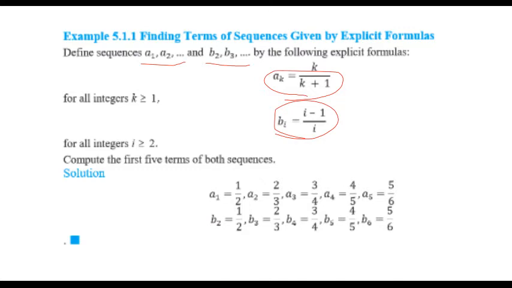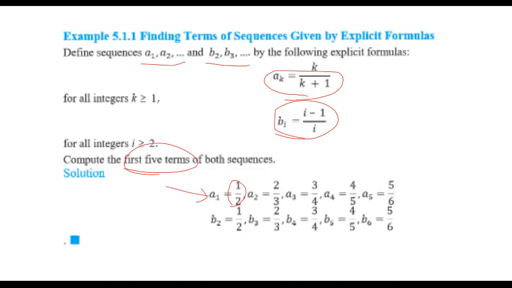Now the question is to compute the first 5 terms of both sequences. Let's see. For A, we write something like this. A1 is, instead of k, we write 1, so it becomes 1 over 1 plus 1, which is 1 over 2.